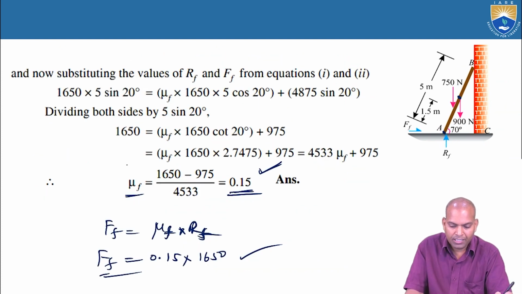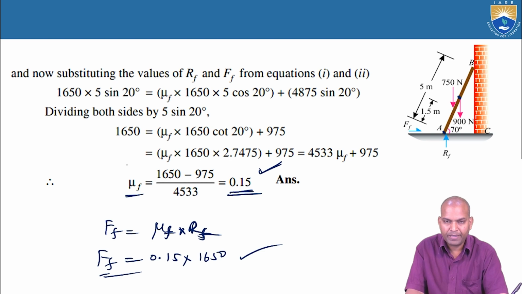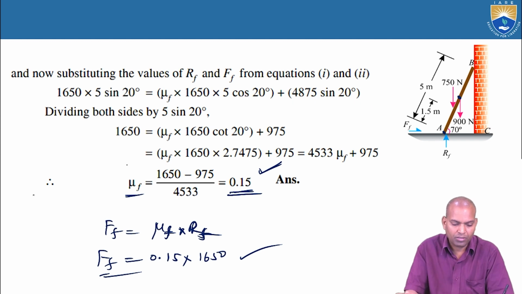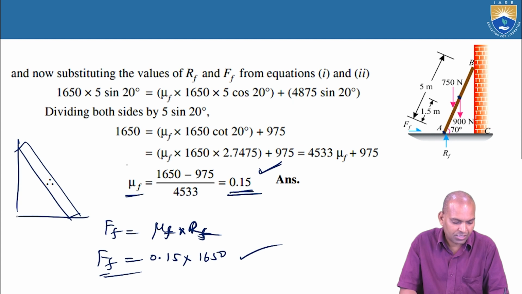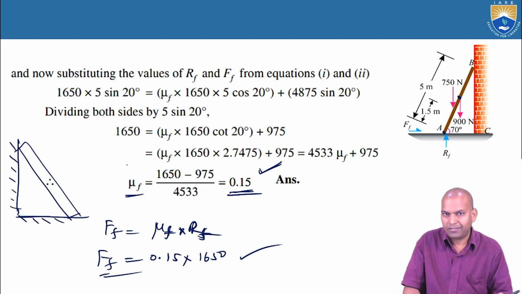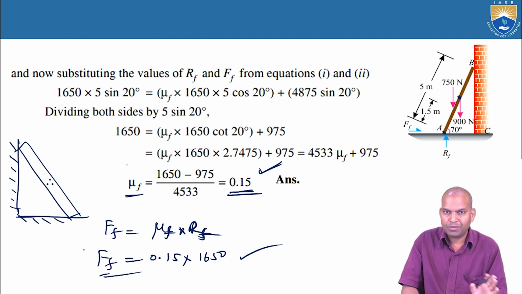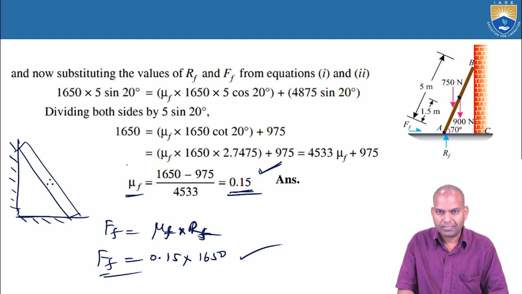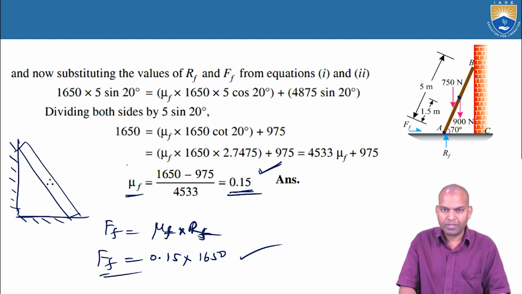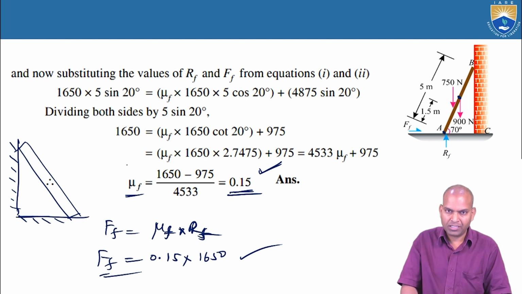You can solve the problem as a practice if the ladder is leaning towards the left direction wall. For both cases, you can consider it. It doesn't affect the result. Whatever the direction, the consideration is the point of contact, the frictional forces and the angle of inclination.